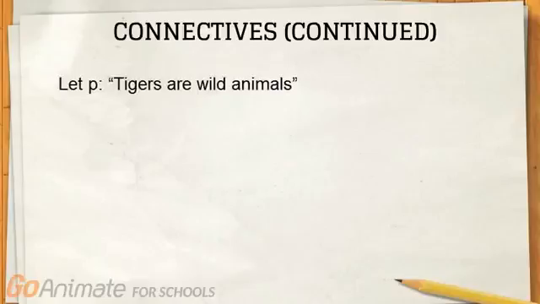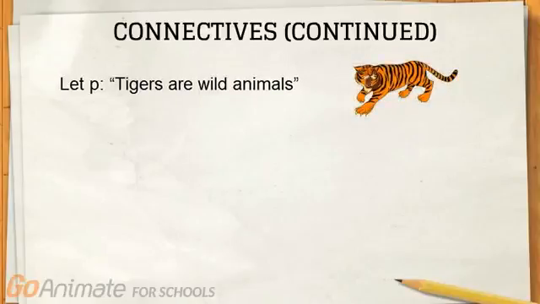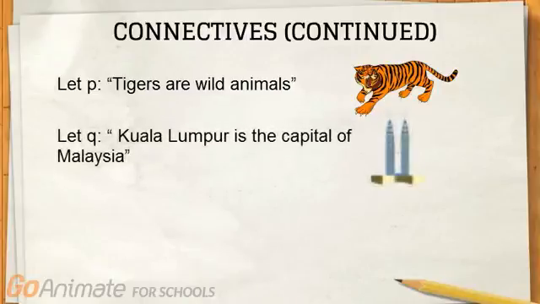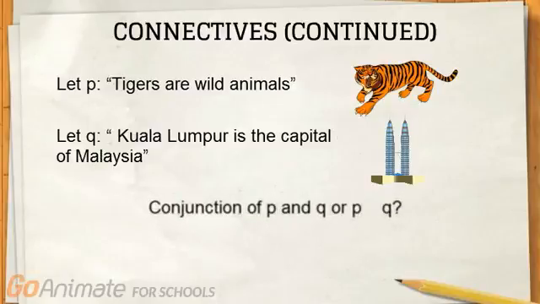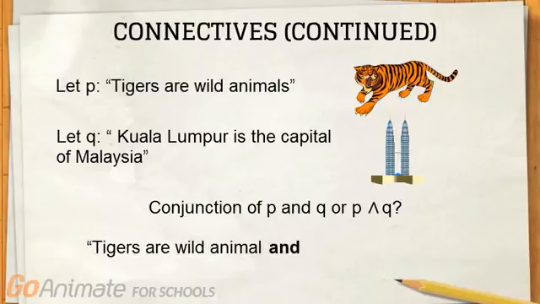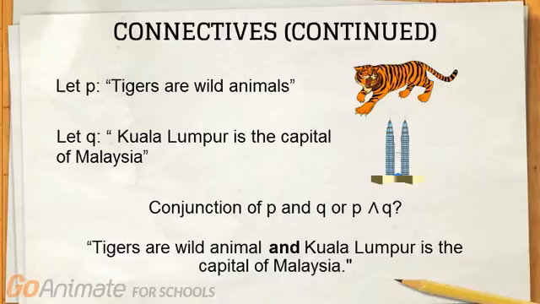Let P be the statement, tigers are wild animals. Let Q be, Kuala Lumpur is the capital of Malaysia. So, try to find out the conjunction of P and Q. Brilliant! The answer is, tigers are wild animals and Kuala Lumpur is the capital of Malaysia.